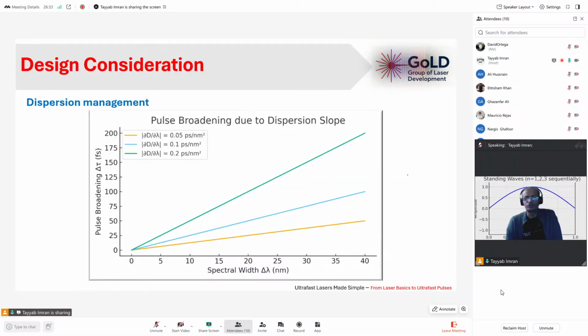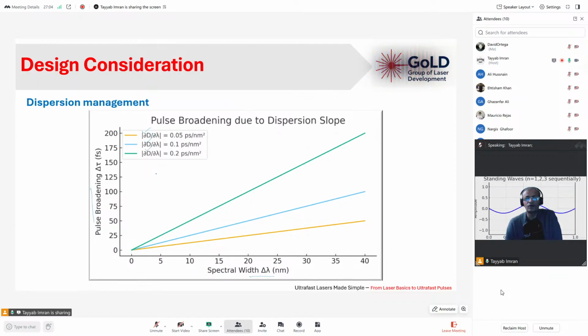This plot shows the spectral width and pulse broadening, delta tau, and we fix some values for the GVD, 3 values: 0.01 picosecond per nanometer square, 0.1 picosecond per nanometer square, and 0.2 picosecond per nanometer square.